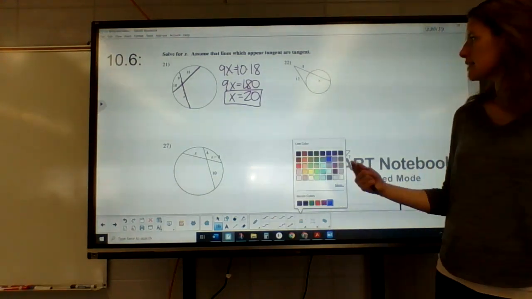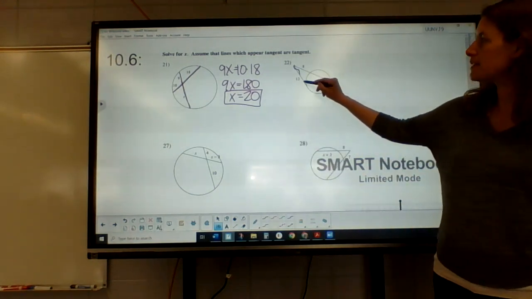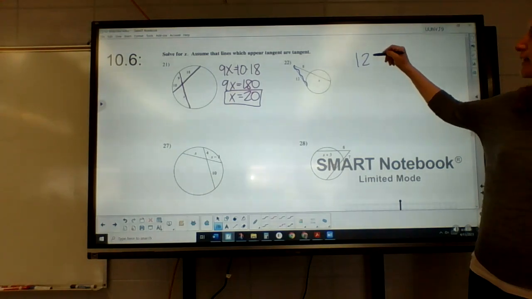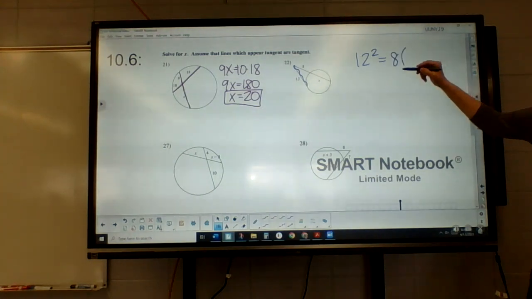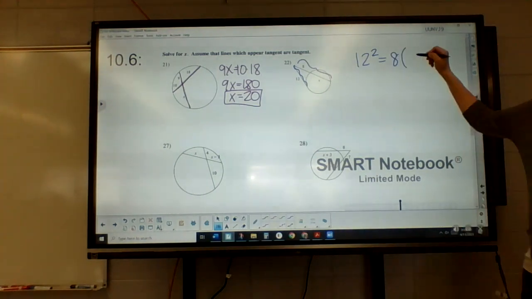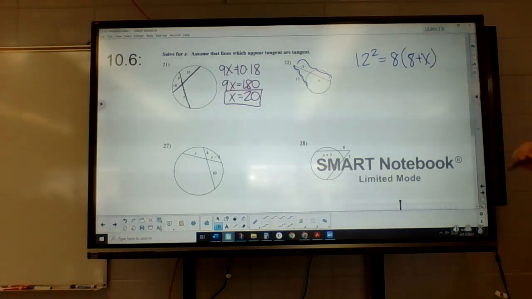Our next one is a tangent line with a secant. So if you guys recall, the tangent line is the 12 that gets squared. And then we take the outside and multiply it by the whole thing. So in this case, you just want to be careful.